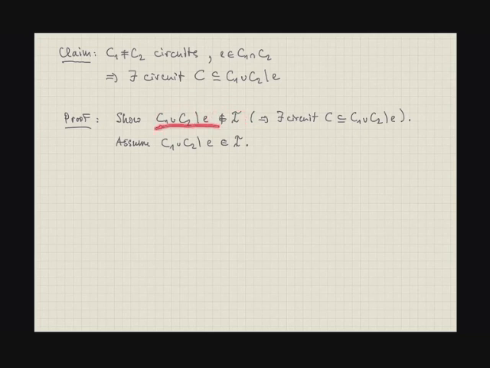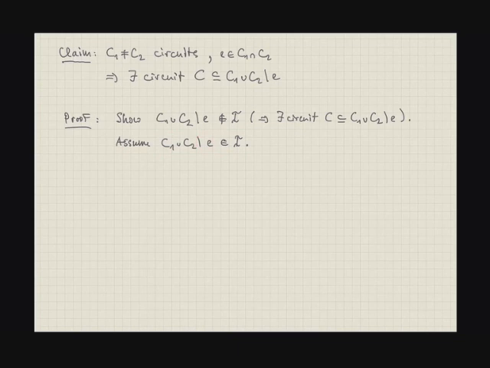Okay, and if this is a dependent set, it must contain some circuit. Okay, so let's assume for contradiction that this is not the case. So our assumption for contradiction is that the union of these circuits without element E is itself an independent set.